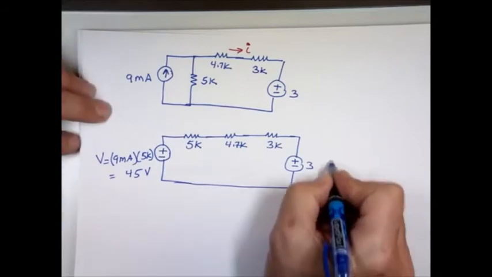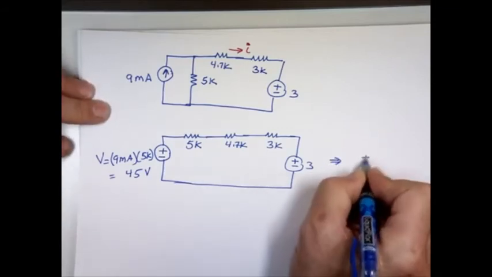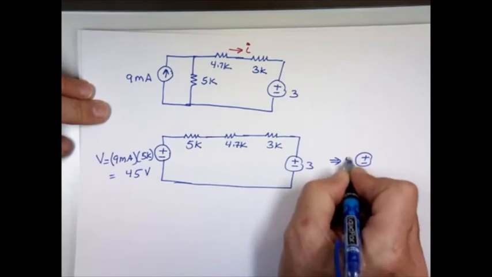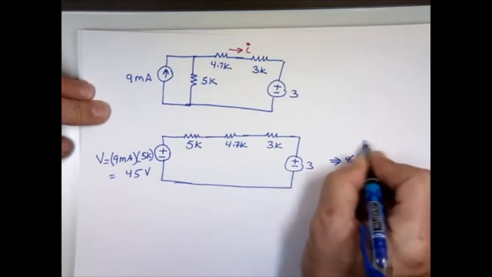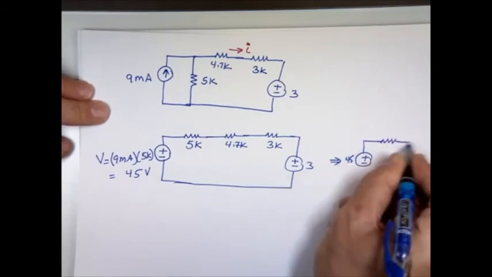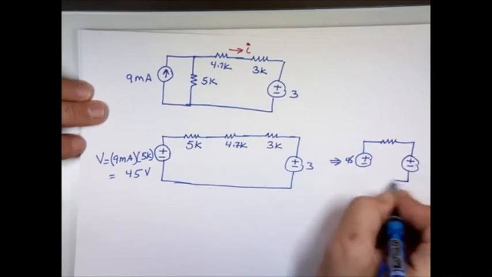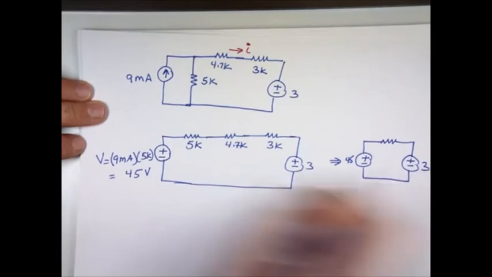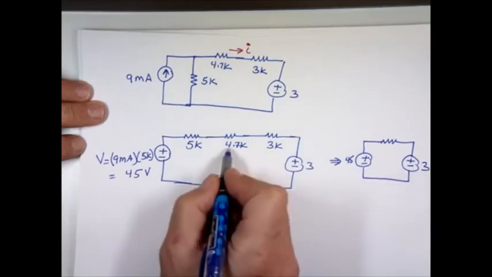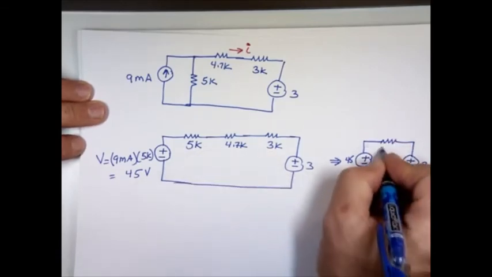And again, I can redraw the circuit by saying, oh, I got a 45 volt source here. I got one resistor on the top. I'm going to combine them into one. When I add them, 7 and 5, 12.7 is it?